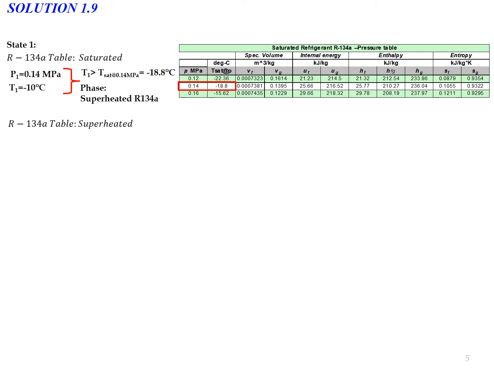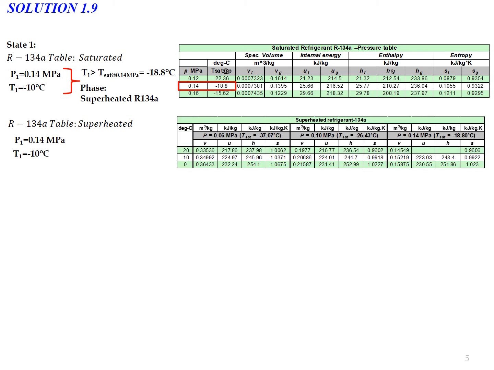So now after we determine the phase, we need to refer to the superheated vapor R134A table to determine the actual H1 and also S1 value. By referring to the same data for state number 1, P1 equal to 0.14 megapascal, T1 equal to negative 10 degrees Celsius, you need to find out the table for pressure equal to 0.14 megapascal, and find the row for negative 10 degrees Celsius.